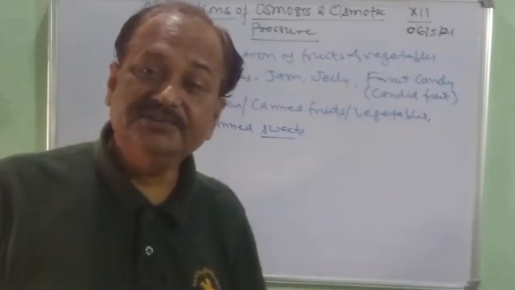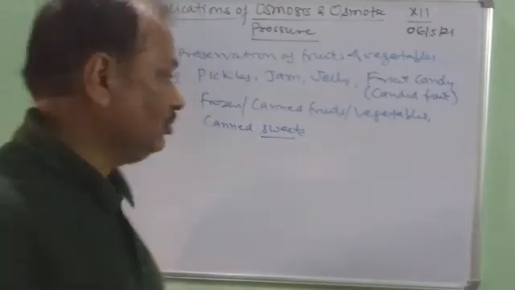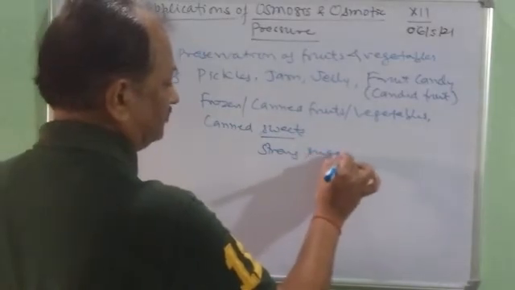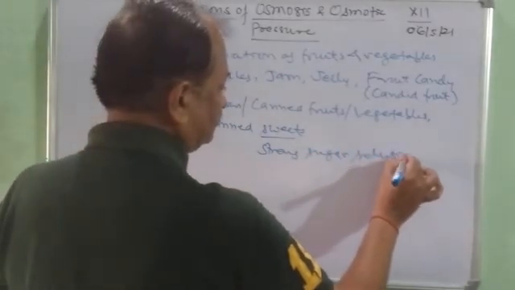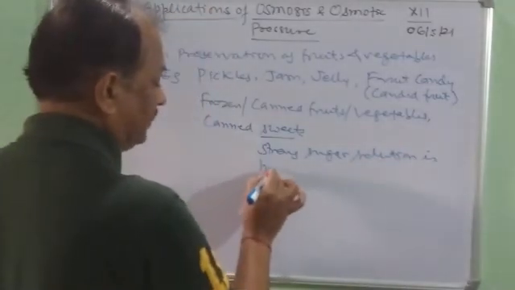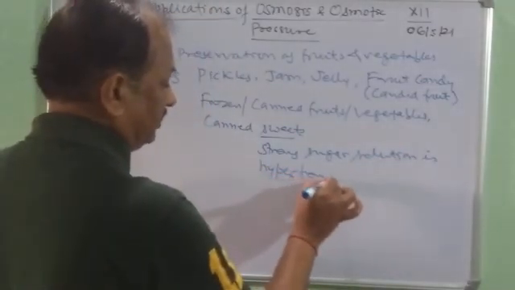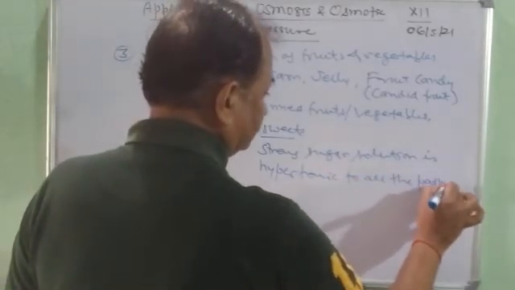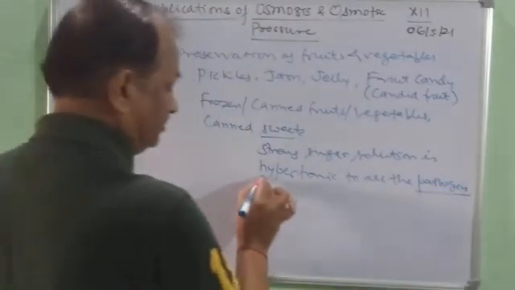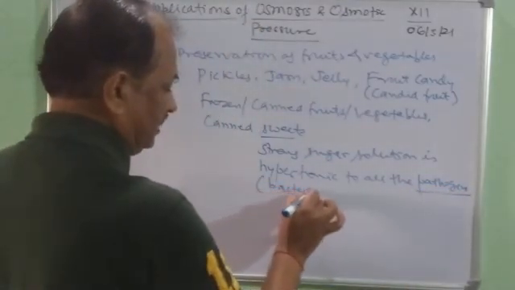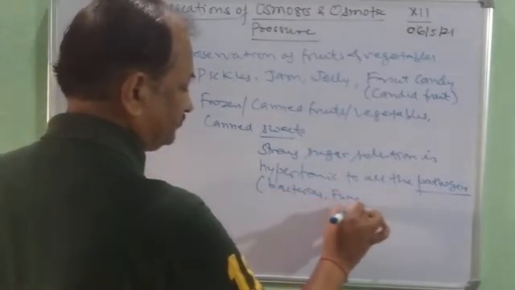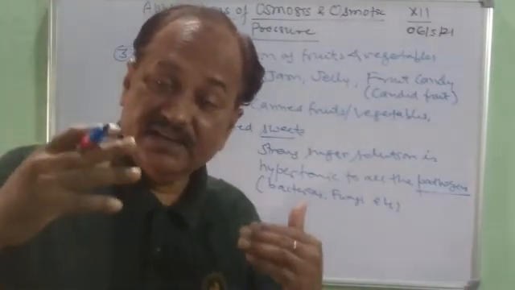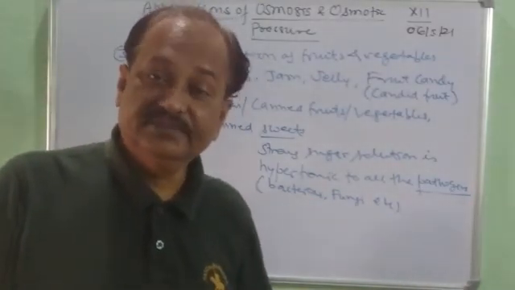And how do the companies preserve them? Actually, a very strong sugar solution. A strong sugar solution is hypertonic to all the pathogens, like bacteria, fungi, etc. Pathogens which are responsible for spoiling the different edibles.